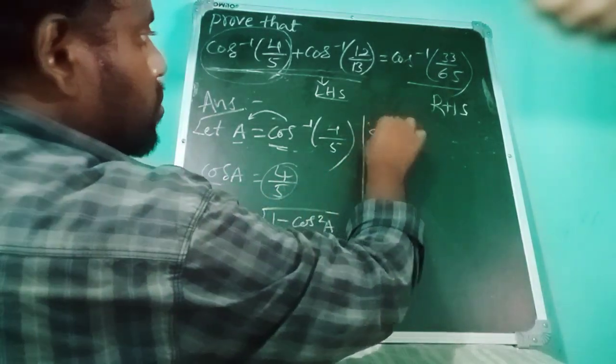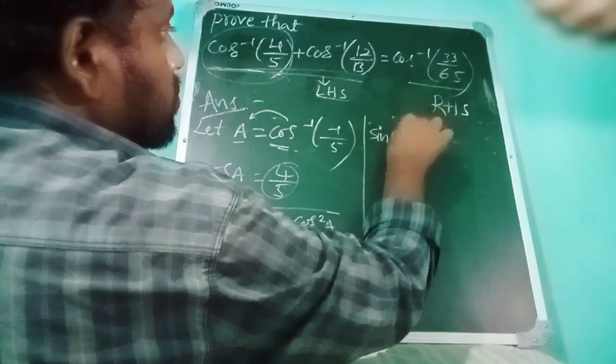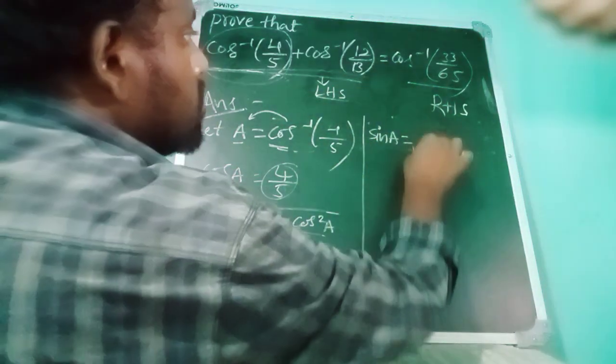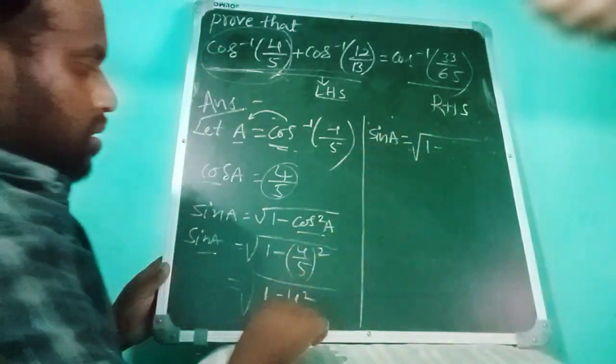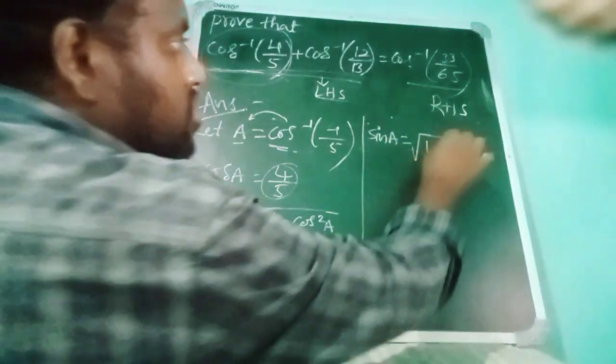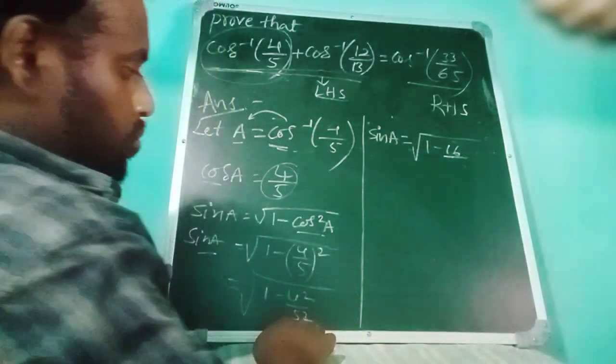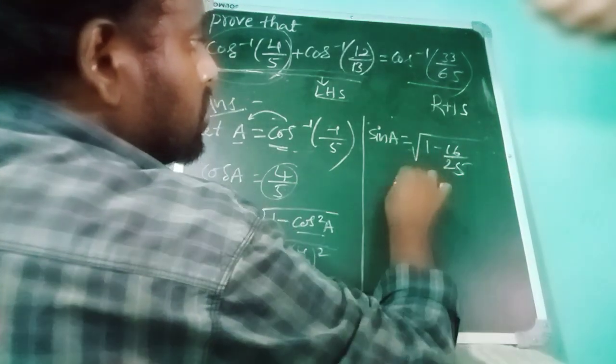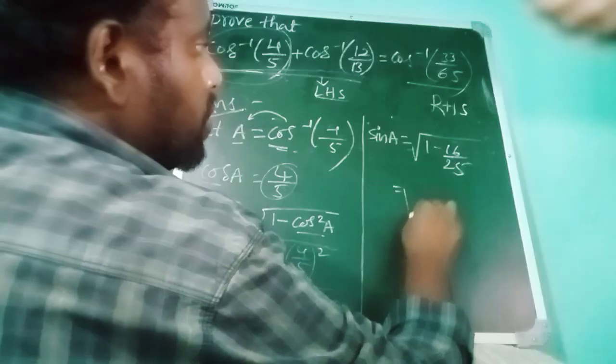Simplification: sin A is equal to square root of 1 minus, 4 square means 4 into 4 is 16, 5 square means 5 into 5 is 25.